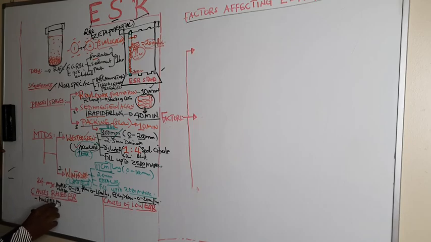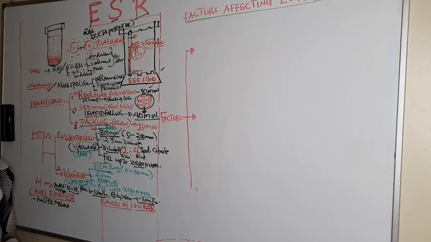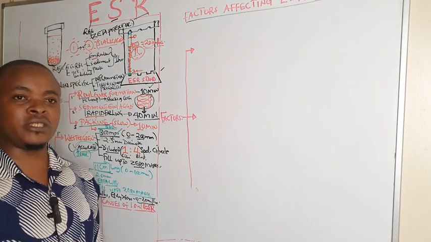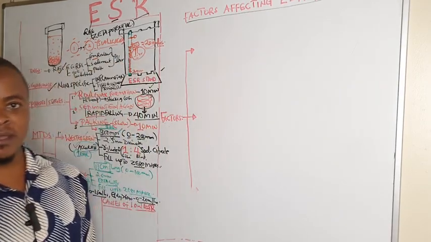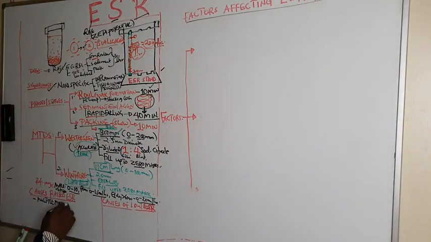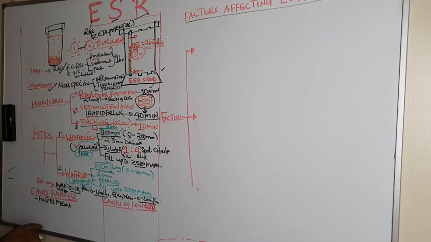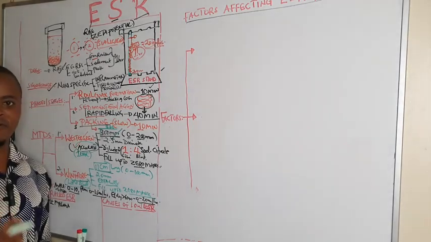Multiple myeloma is due to increased levels of gamma globulins. When there is increased gamma globulins, what we can call hypergammaglobulinemia, it causes this cancer type, which is multiple myeloma. The plasma proteins are affected, especially the gamma globulins, and this can cause highly elevated ESR results.